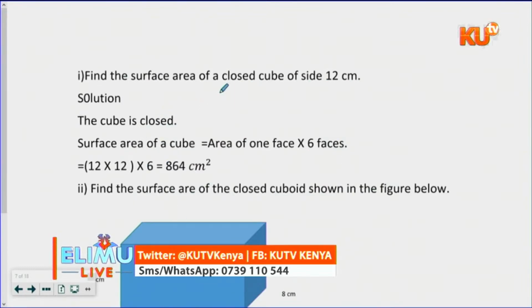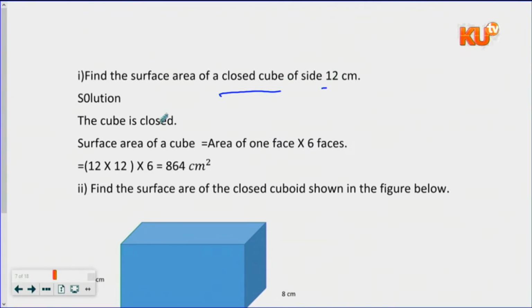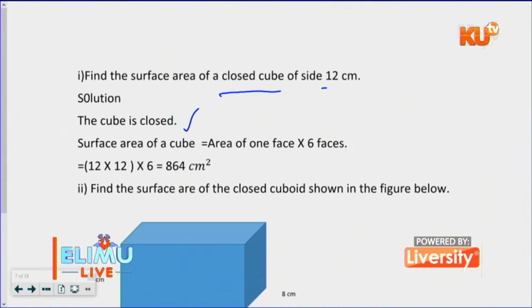Find the surface area of a closed cube of side 12 centimeters. So, number one, we say the cube is closed.